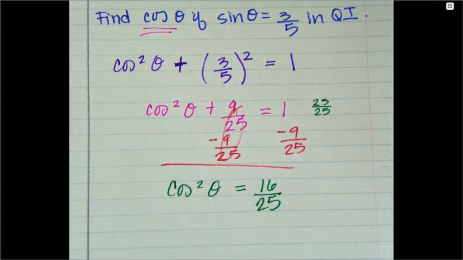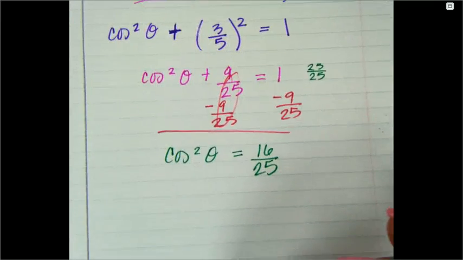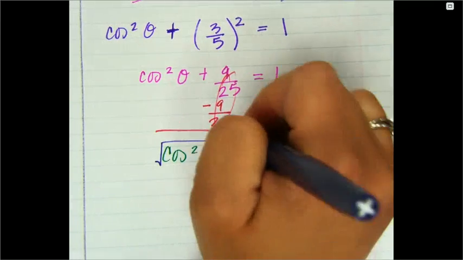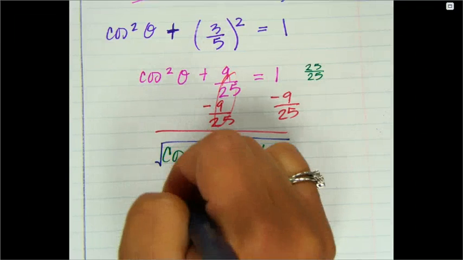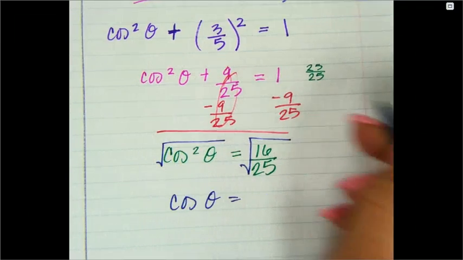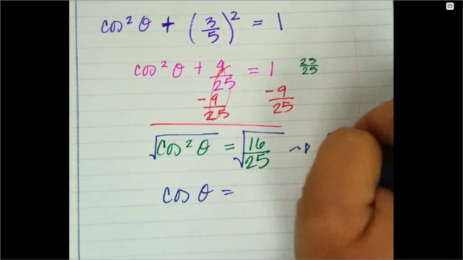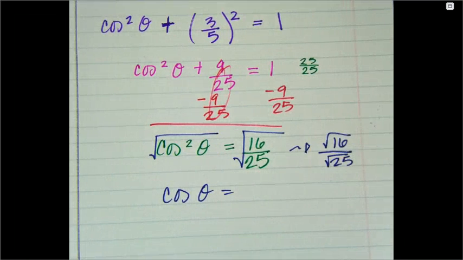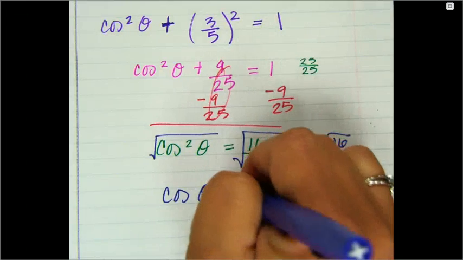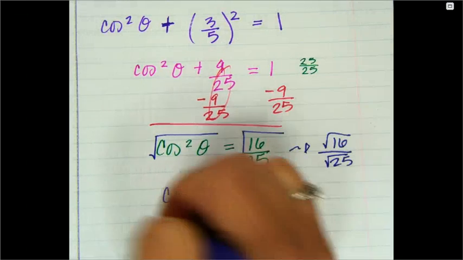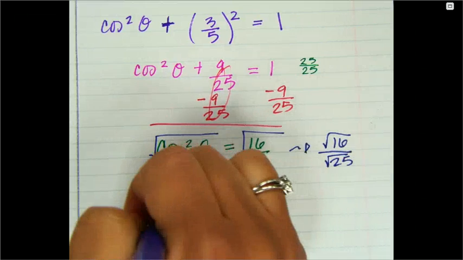Is that my answer? I have to square root it. And when I learned in first semester that a square root like this can be broken up into 2, radical 16 over radical 25. What is the square root of 16? What is the square root of 25? What quadrant are we in? 1. There you go.